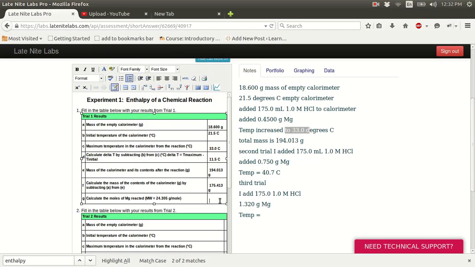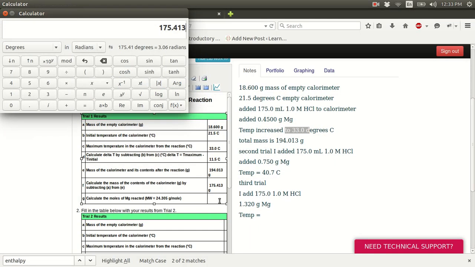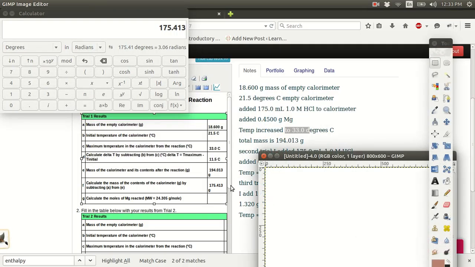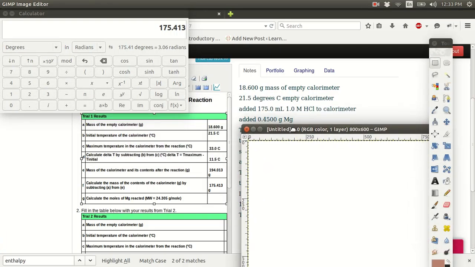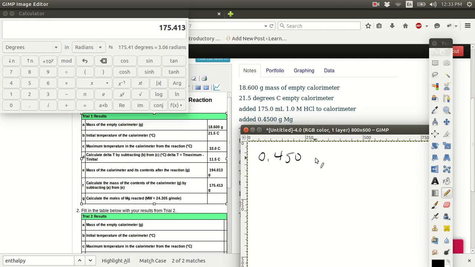And the moles of magnesium that reacted. The moles of magnesium that reacted is something to calculate, so I'll help you calculate that now. I used this many grams of magnesium, 0.45 grams. Now, to get the moles, I need to get rid of these grams of magnesium.